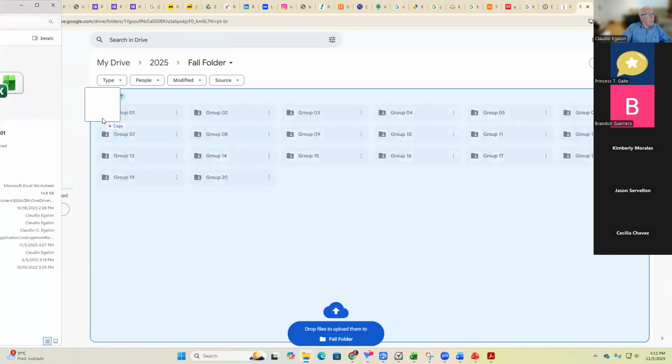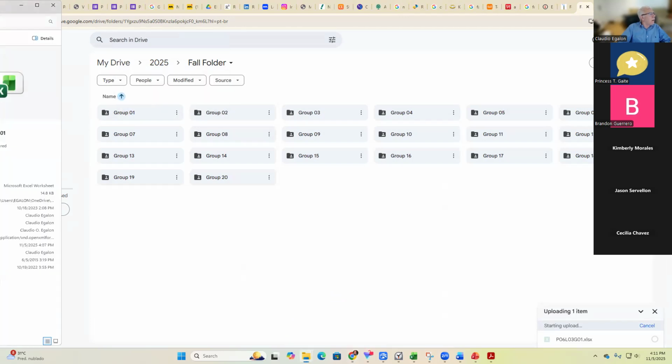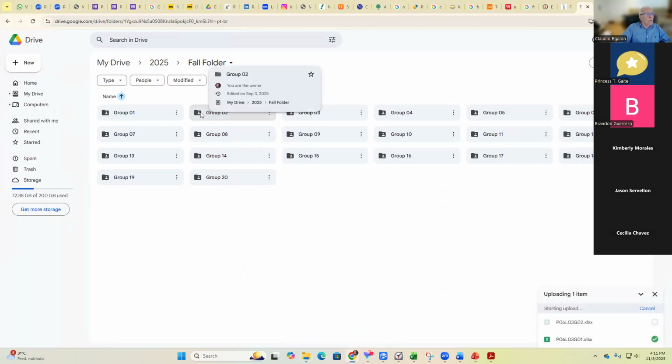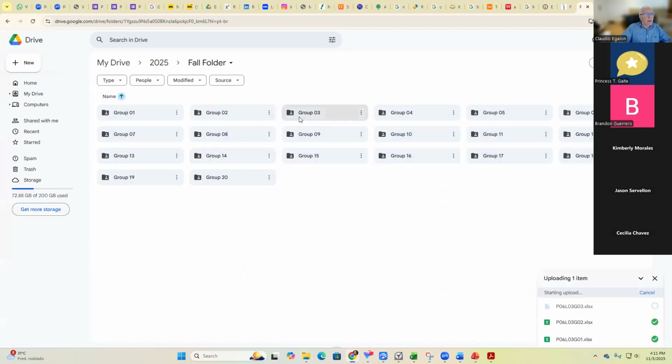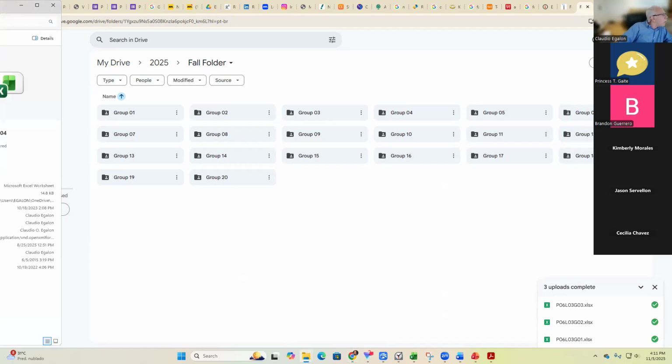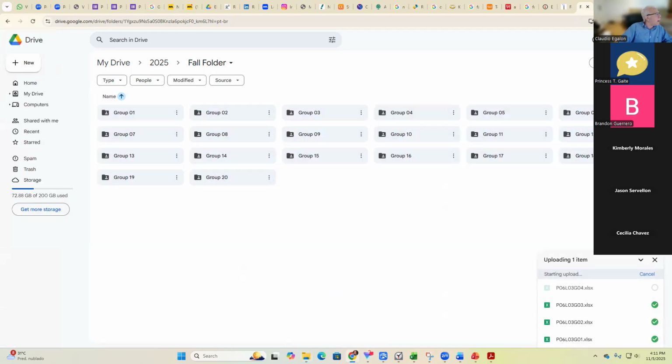Why am I having a problem? Okay, here you go. Group number 1, your spreadsheet's in there. Group number 2, your spreadsheet's in there. Group number 3, your spreadsheet's in there. Group number 4, your spreadsheet's in there.